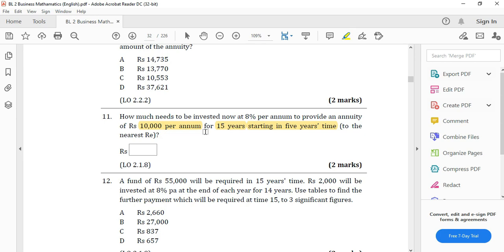Okay, so they are asking for the present value of these annuity payments, because they are asking, if you are to invest right now, what should that amount be?